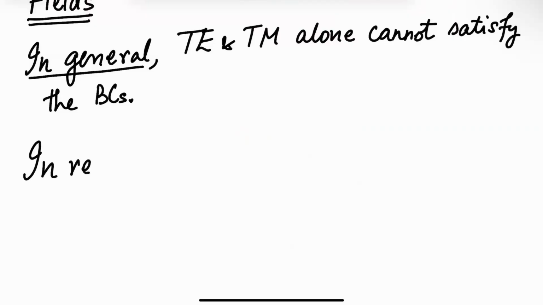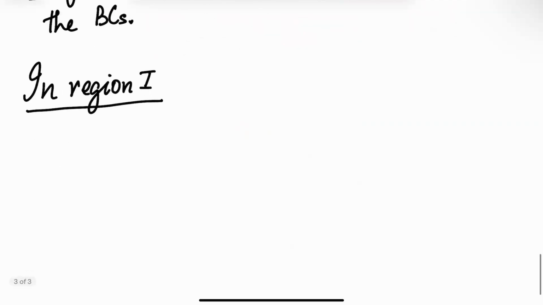So in region 1, what do the fields look like? Here I'm just writing the z component of the fields.